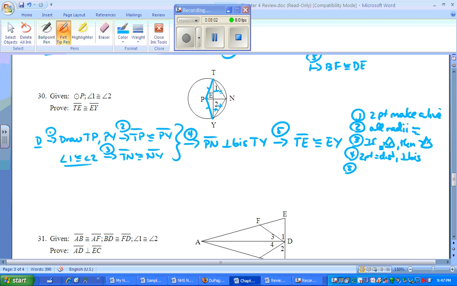And 5 is actually, we're using definition of bisector to get the two to be congruent.